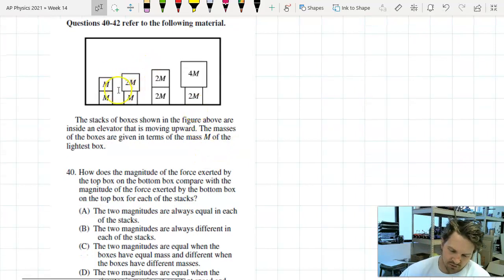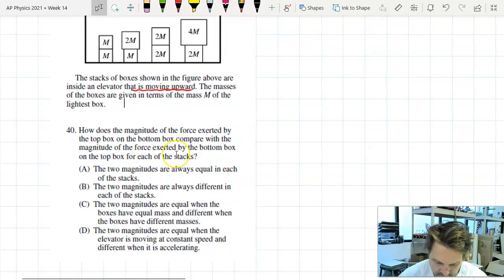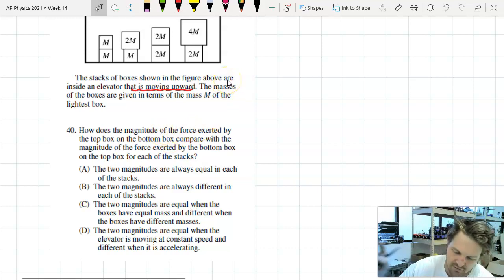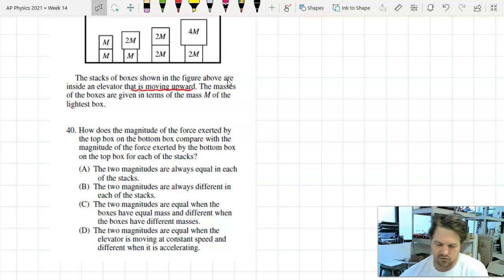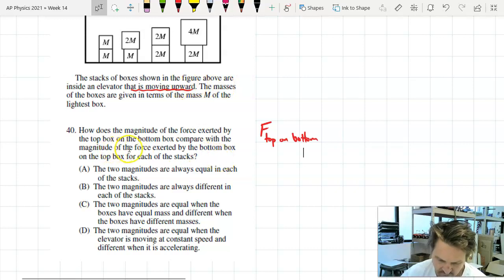Looks like some force questions, I would assume. The stacks of boxes shown in the figure above are inside an elevator that is moving up. Probably important. The masses of the boxes are given in terms of mass M. How does the magnitude of the force exerted by the top box on the bottom box, so force of top on bottom, compare with the magnitude of the force exerted by bottom on top?